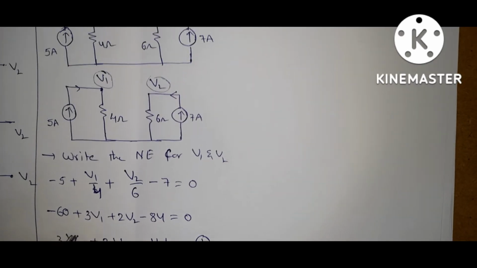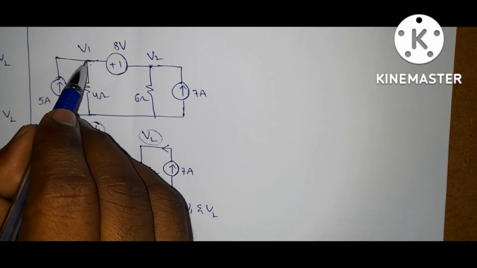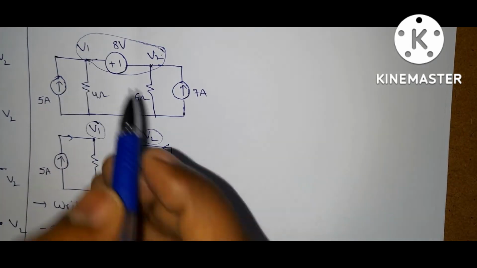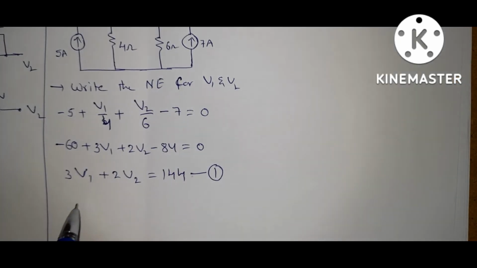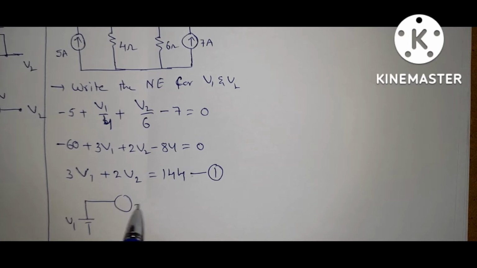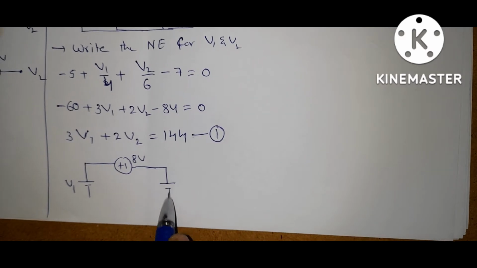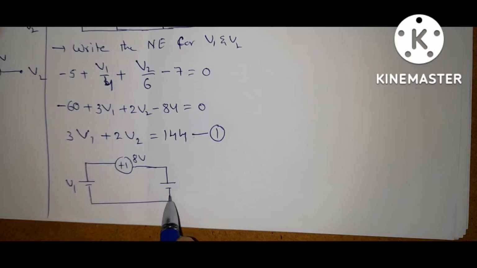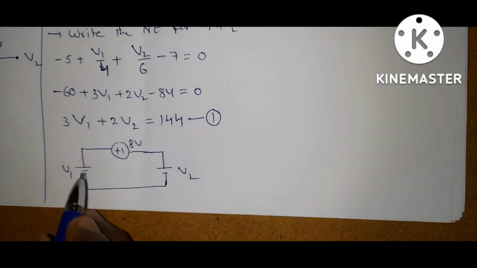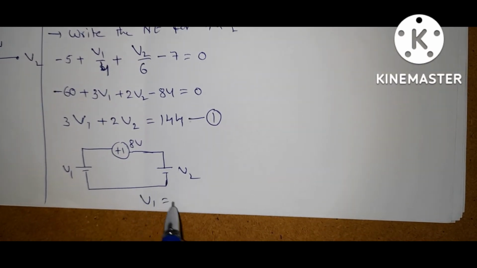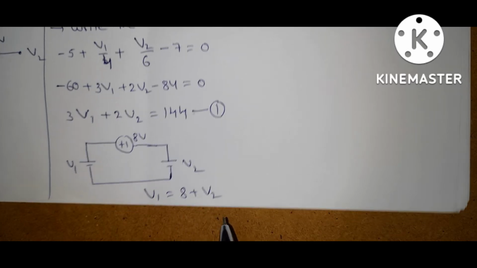Now apply KVL for these two nodes. So the circuit becomes like this. This is V1, this is plus minus 8 volts, this is plus minus, this is V2. If you apply KVL for this loop, you will get V1 is equal to 8 plus V2.